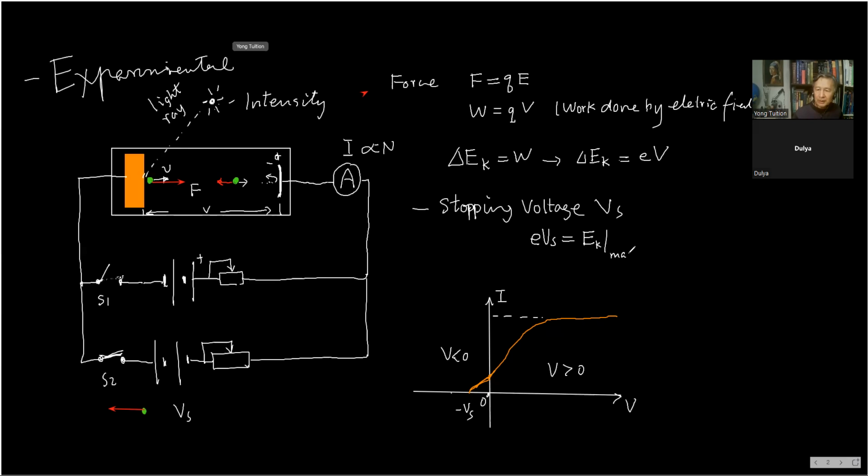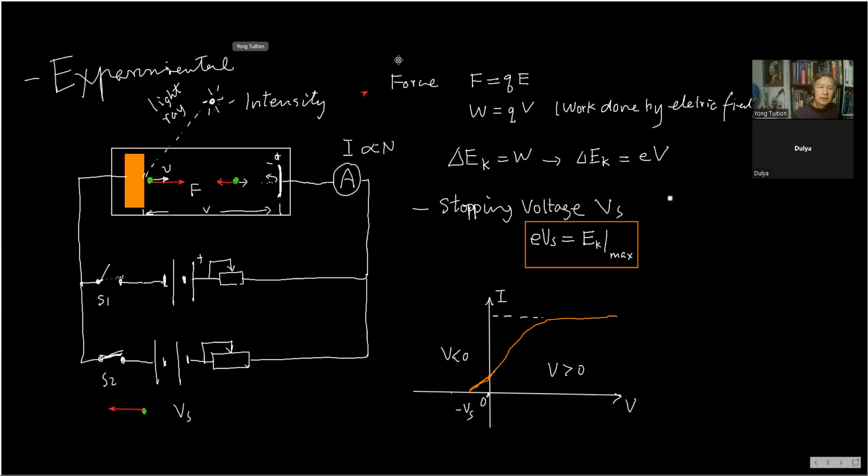So in other words, we can measure the maximum kinetic energy by using this formula, right? So that is the experimental part. These two formulas are important. This is the relation between the stopping voltage and the maximum kinetic energy of the photoelectron.